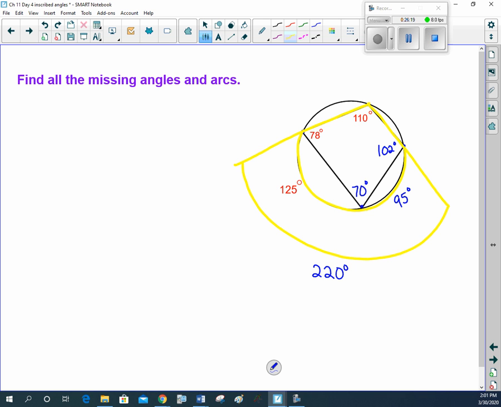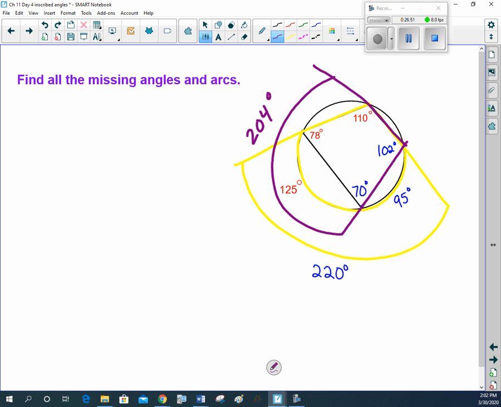Okay, and I think I'll do it one more time. I'll do the 102 since it's got the 125 in it also. So I'm going to do 102. So here's my inscribed angle right here. And its intercepted arc is from here all the way to here. So 102 doubled is 204. So this is 204 outside here.